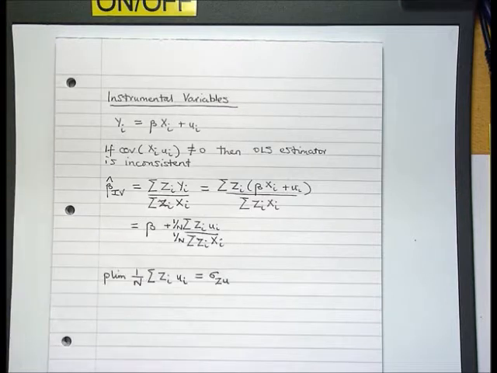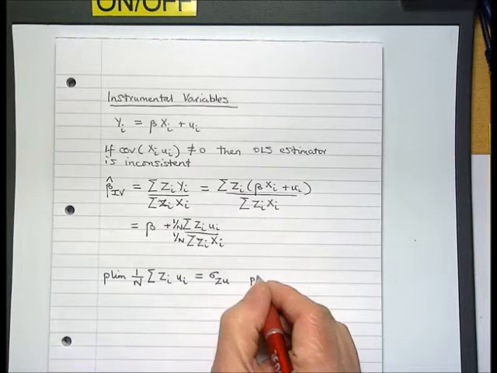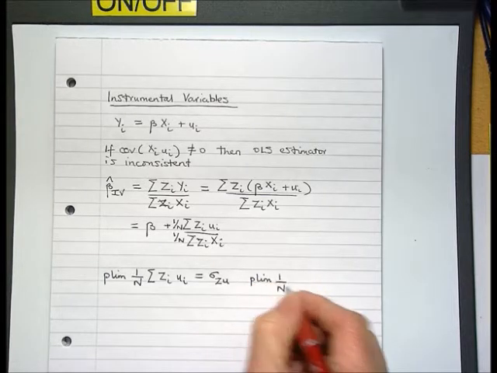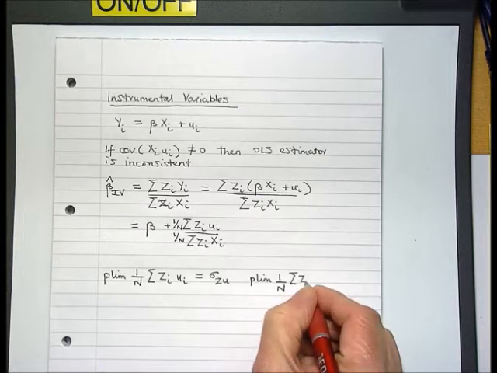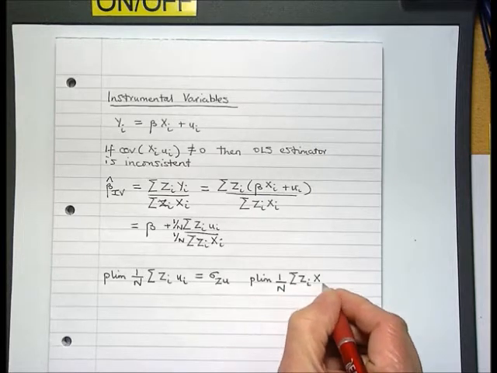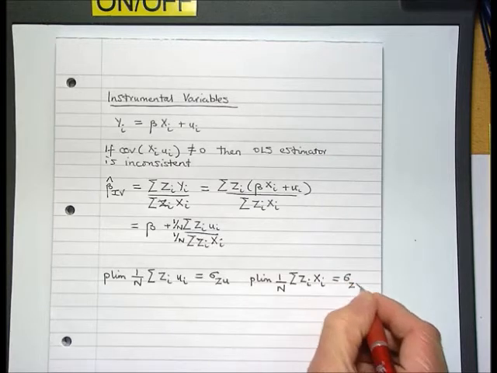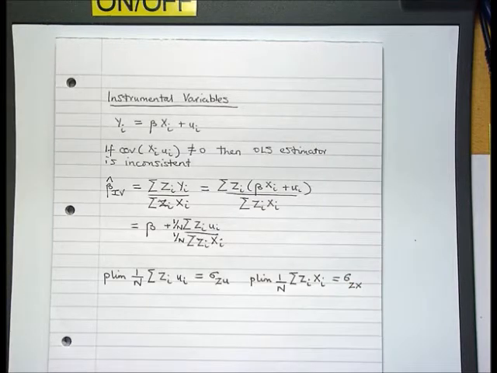So we're saying that as the sample size gets large, if we take the sum of z times u and divide by the number of observations, it will just converge on the covariance, which seems a fairly reasonable assumption to make. Similarly, we're going to assume that the probability limit of 1 over n times the sum of zi xi is going to be the covariance of z and x.